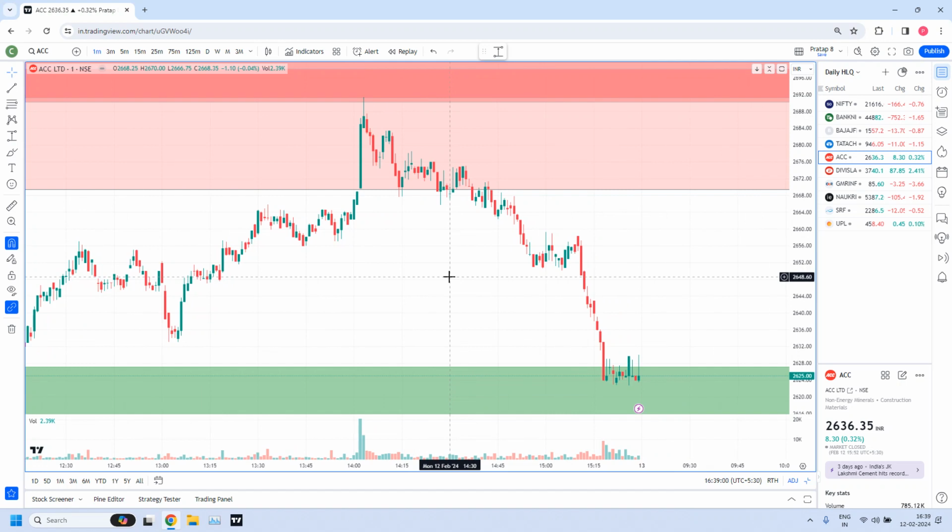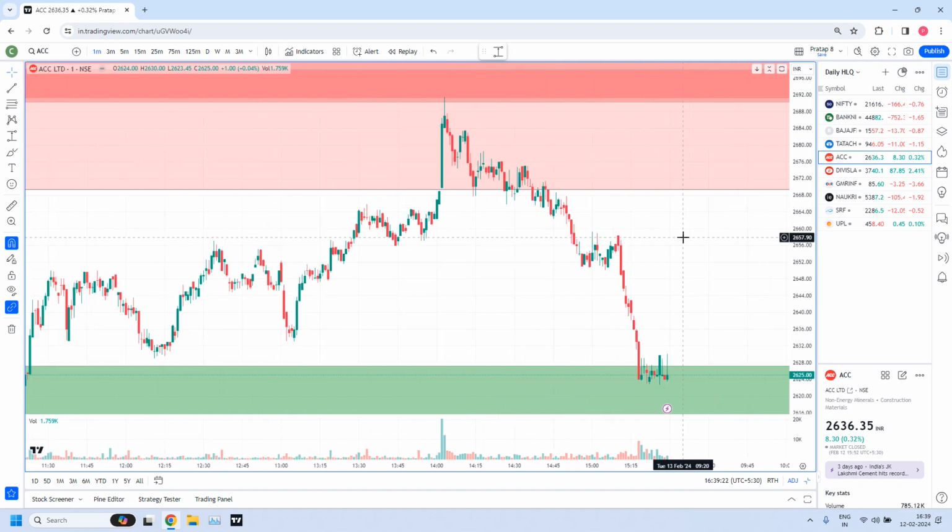After that, you would have taken a trade in the ACC. So the same capital you rotated without adding any additional cost for taking your next trade, maybe if it is futures, options, or your intraday capital, whatever it is.